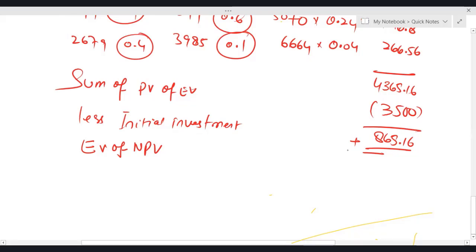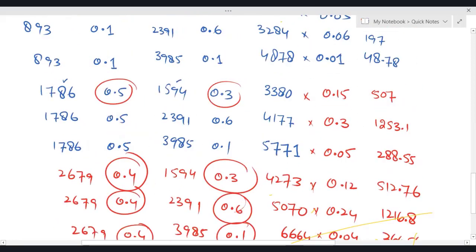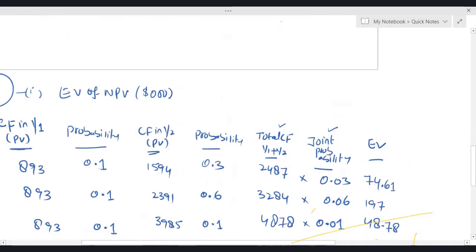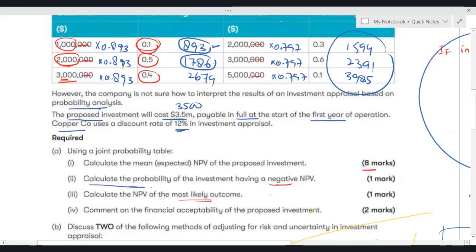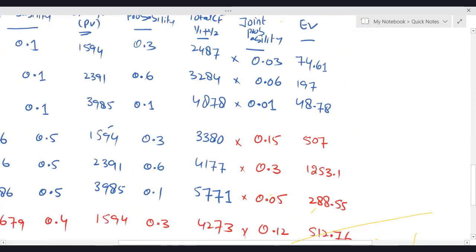Now, other requirements are extremely important because they depend on this column which we have made. Look what it says. Calculate the probability of the investment having a negative NPV. Then what is the probability that NPV will be negative? Now listen carefully.